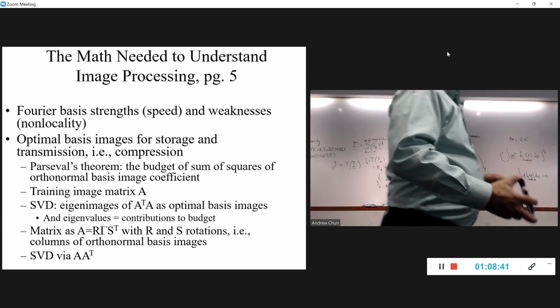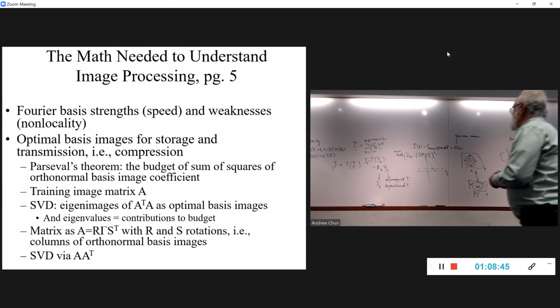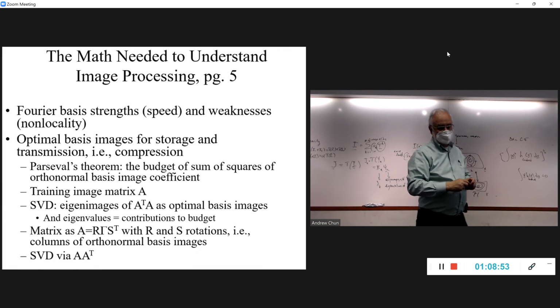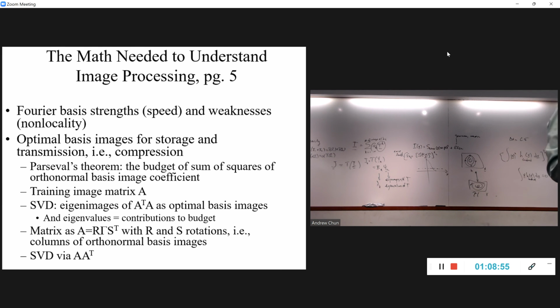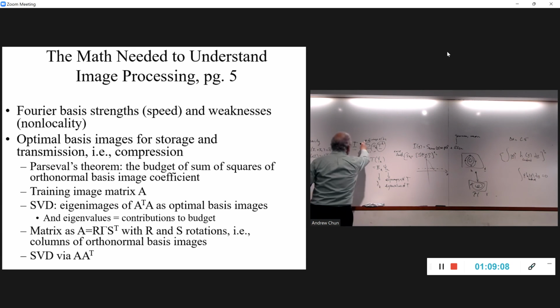But before we did that, we talked about a new set of basis images, psi k, which were optimal for measuring, optimal in the sense that you needed not this many basis images and this many AKs, but very, very much fewer AKs.